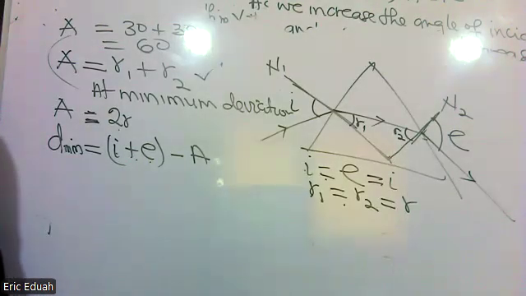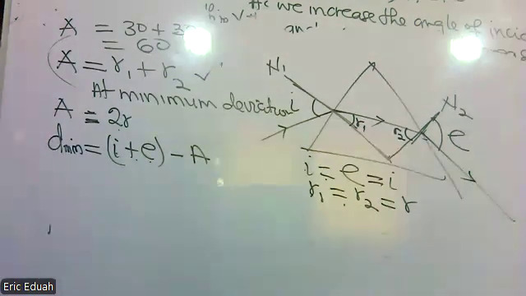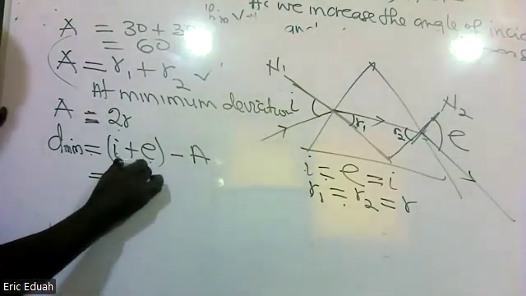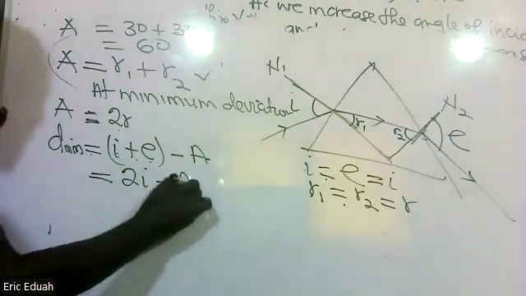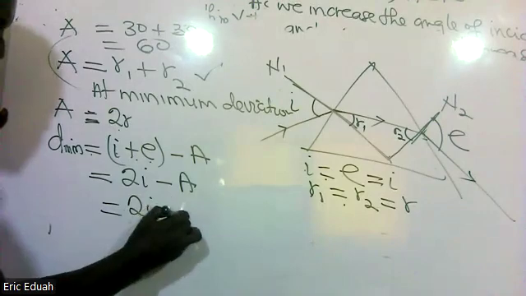Yes, Frida. 2I. Okay, Frida, let Kweku go ahead. 2I minus 2R. Exactly. So either this is equal to 2I minus A, or you can also represent A by 2R.